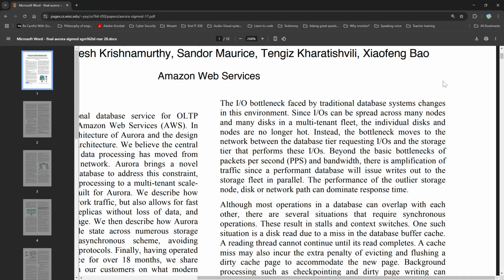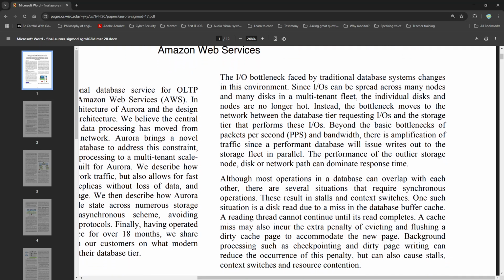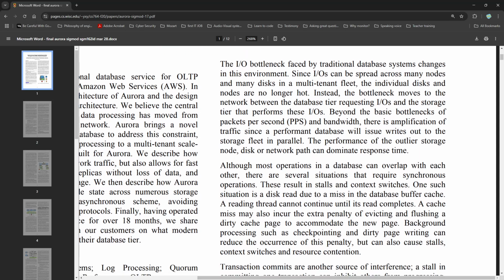Beyond the basic bottlenecks of packets per second, PPS, and bandwidth, there is amplification of traffic, since a performant database will issue writes out to the storage fleet in parallel. The performance of the outlier storage node, disk, or network path can dominate response time.